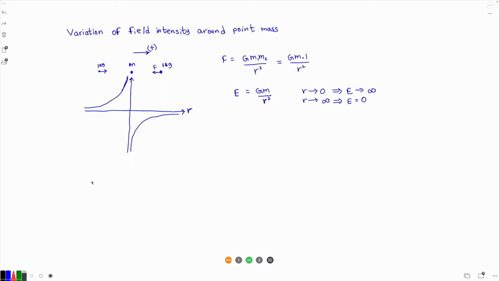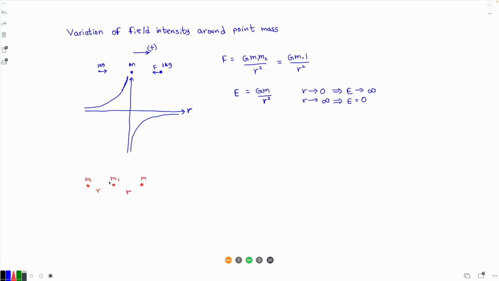Think there are two masses m here, and there is another mass m1. The distances between them are equal. According to Newton's law, I can draw the forces acting on the m1 mass.